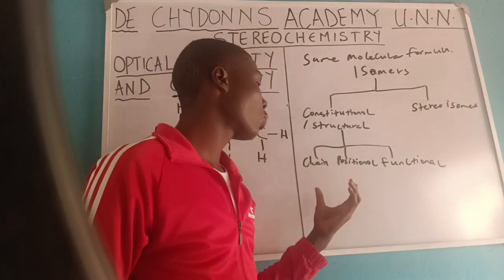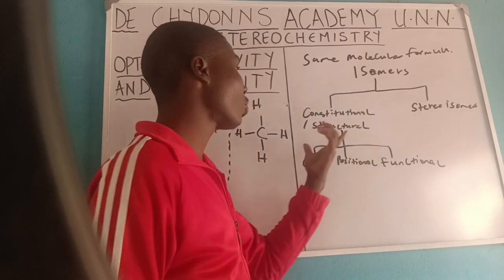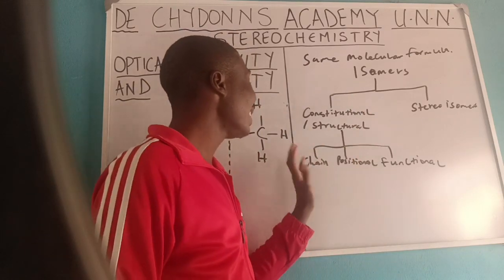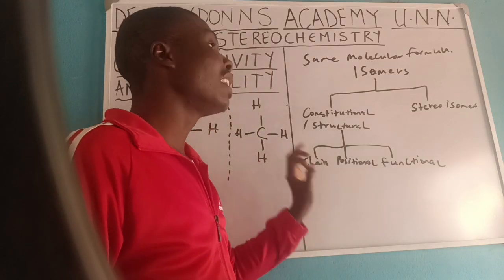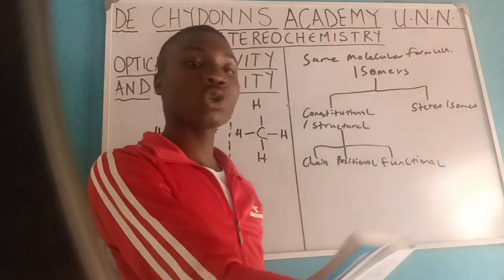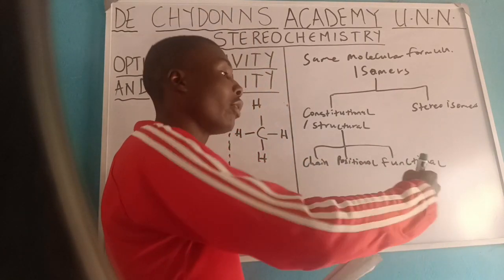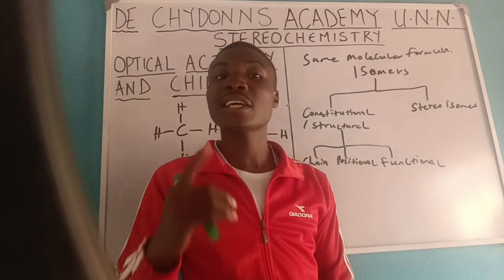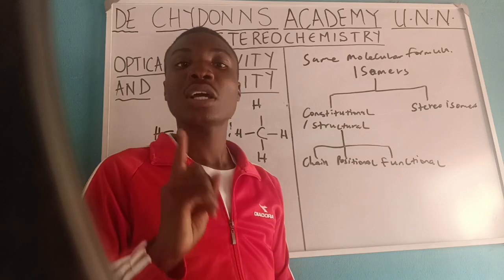So what do we refer to as chain isomerism under constitutional, also known as structural isomers? In chain isomerism, what we are concerned about is that the difference between the two compounds is in the structure of their carbon chain. Carbon chain refers to the connections of the carbons in the organic compound. For you to understand appropriately, I'm going to give a very good example.